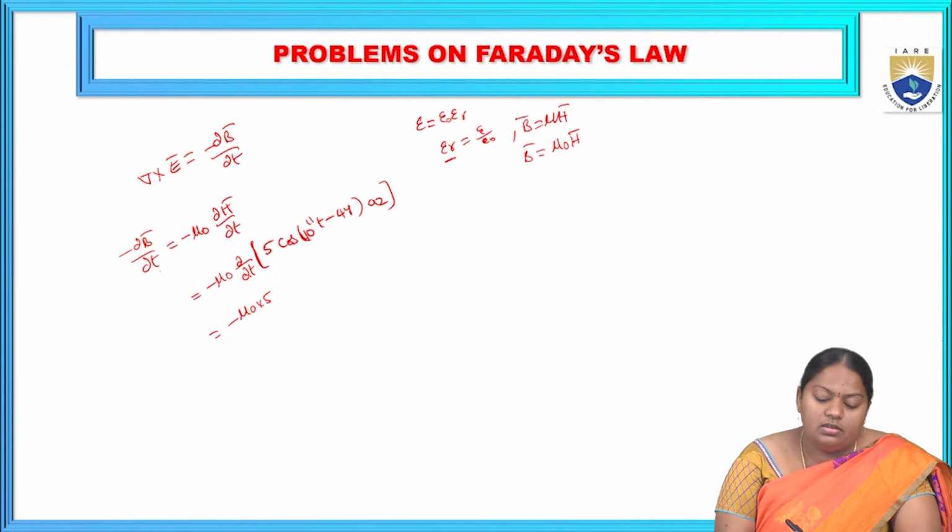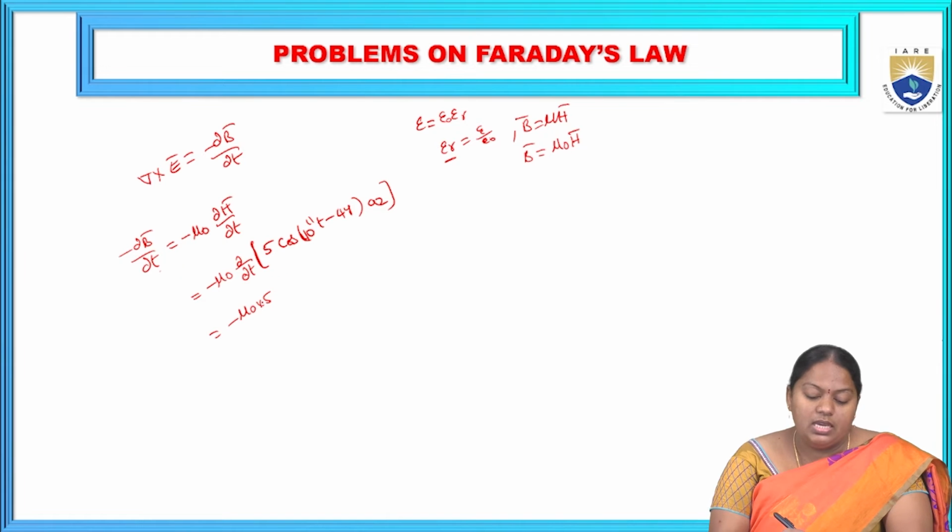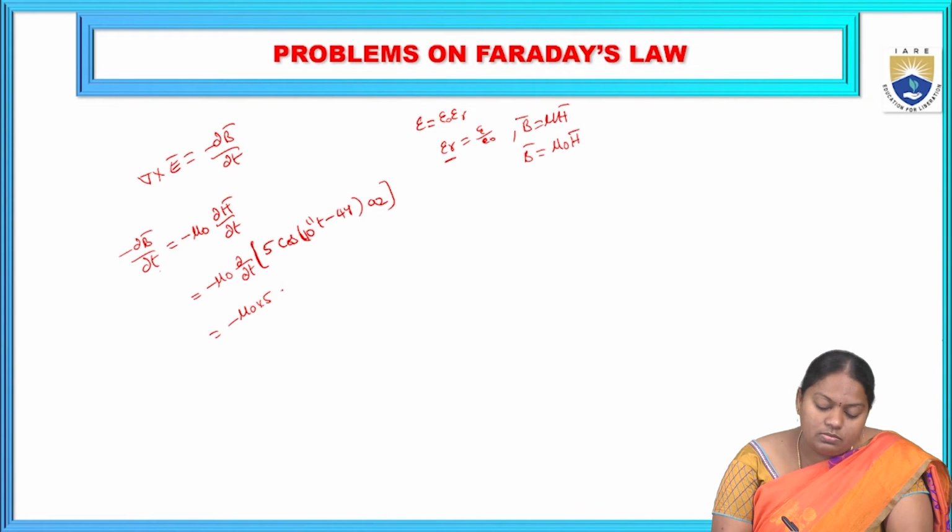Why? Because we are differentiating with respect to t, so minus mu naught into 5 dou by dou t of the cos function becomes minus sine(10^11 t − 4y) into AZ.